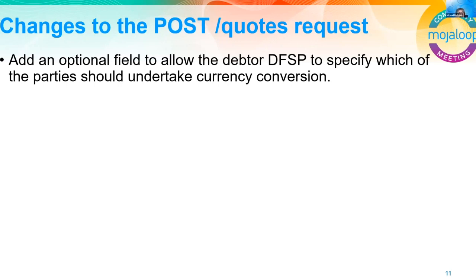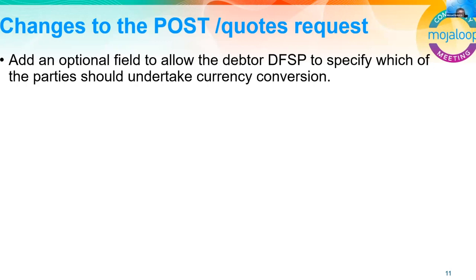The one case in which you can't is where the beneficiary is expected to receive a set amount, and in that case, the amount to be set will be expressed in the target currency, which would normally be taken by other parties to mean this is subject to currency conversion on the credit parties.